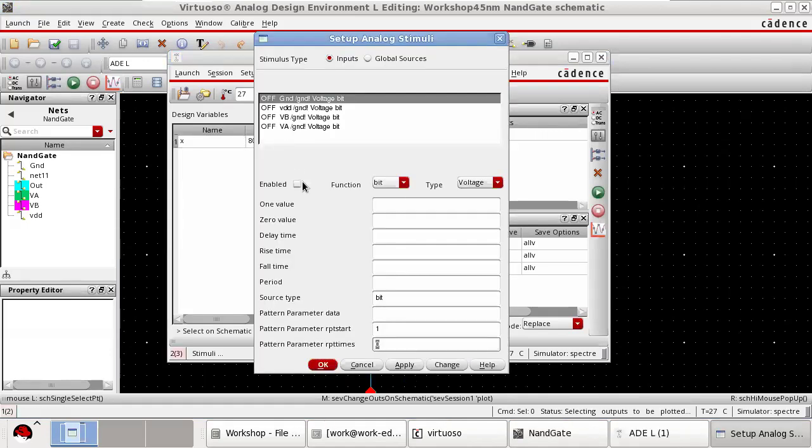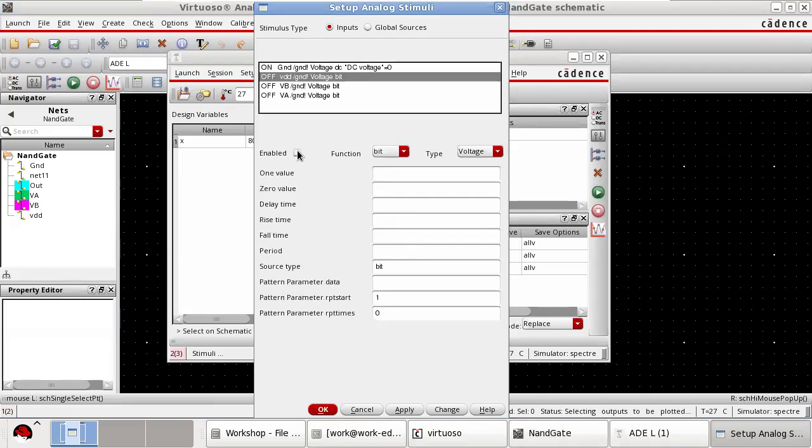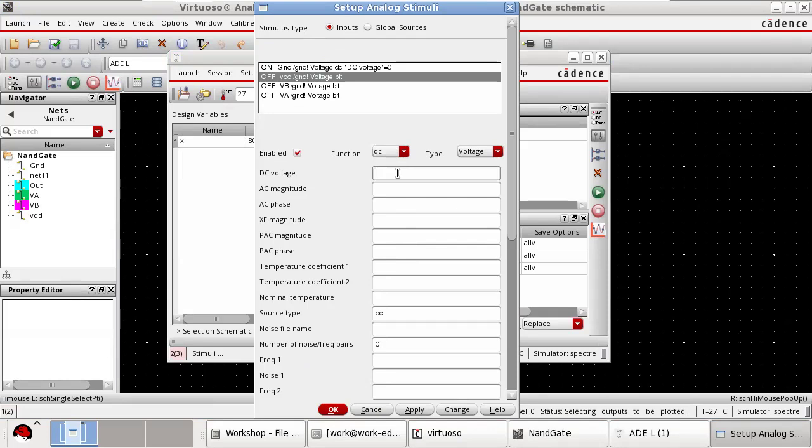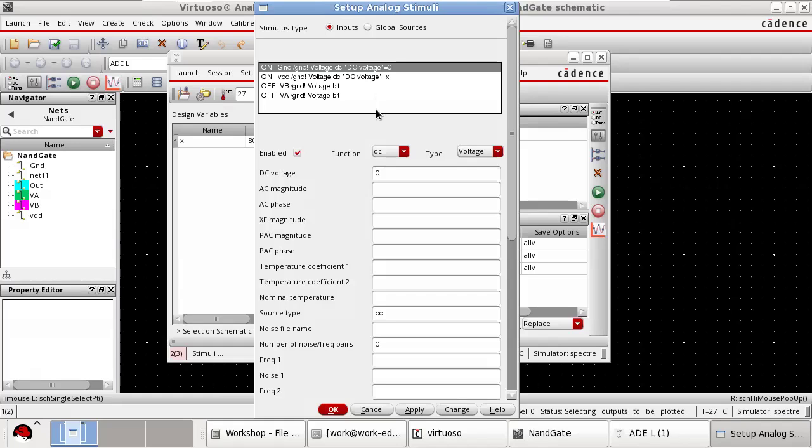Let us go to stimuli. This ground means 0 volts. VDD means X volts, means 0.8. Now the question is VB and VA. Remember, in case of VDD and ground, please listen very carefully.